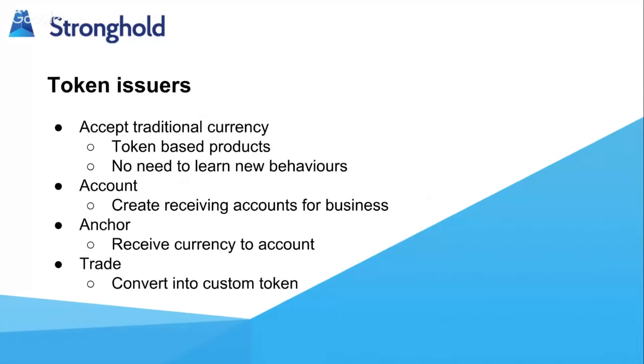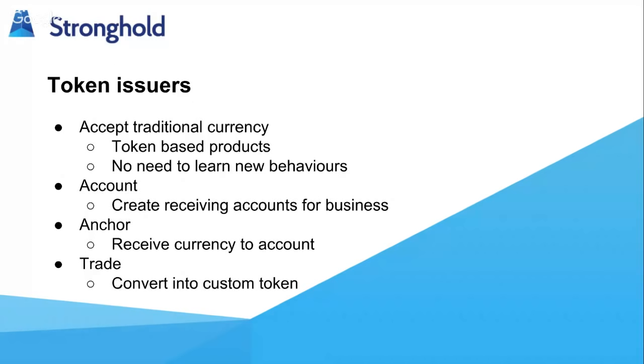And what you could do there is connect it to the user's payment methods, whether it be bank or a debit card, and have that funded into the accounts. You could do the trade on their behalf, converting it into the custom token, and then it's accounting as normal for you. At that stage, you now have a user with a balance of your custom token.